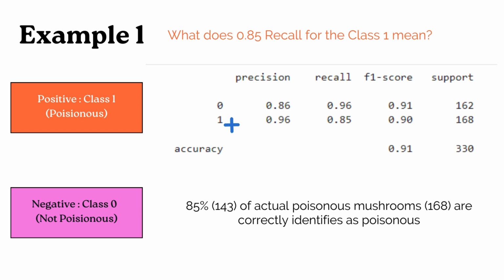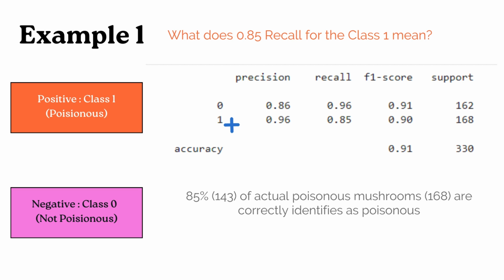So this is how you have to interpret precision and recall values rather than just looking at the number. Of course, 1 is the highest and 0 is the lowest. But 1 does not always mean that your model is providing the best performance.